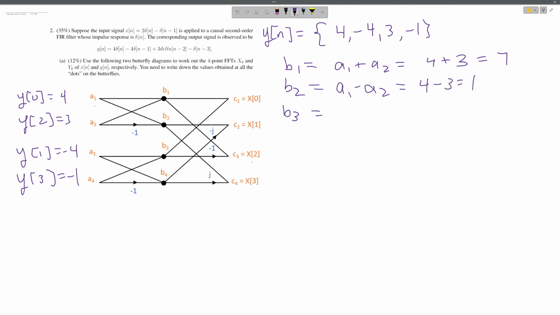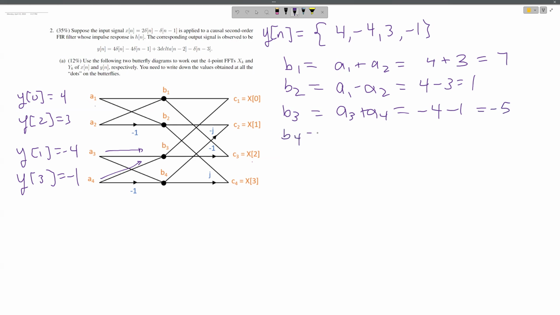B3 is going to be A3 added to A4, so A3 plus A4 is -4 plus -1 equals -5.